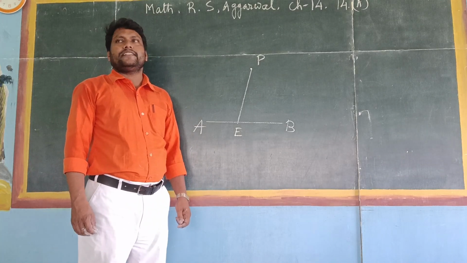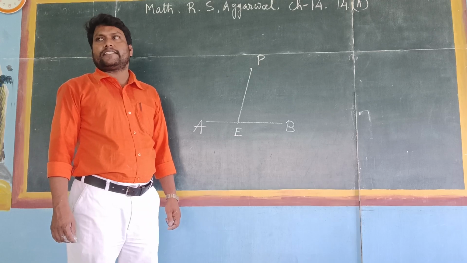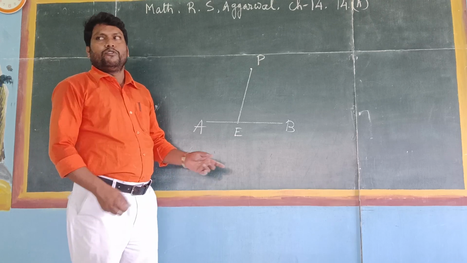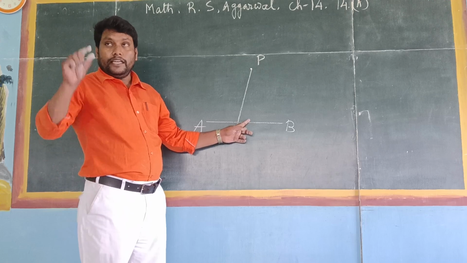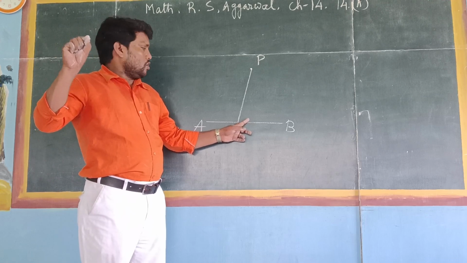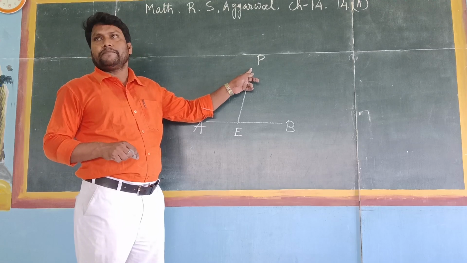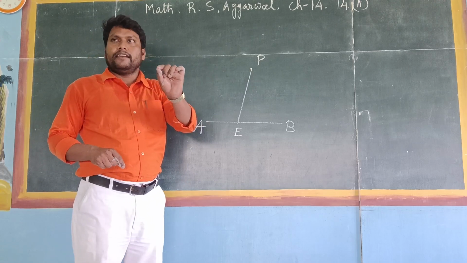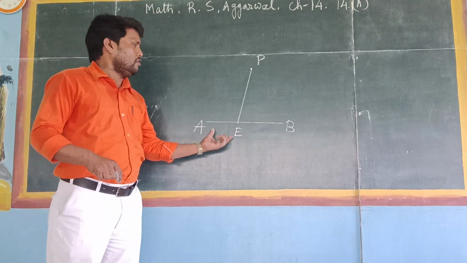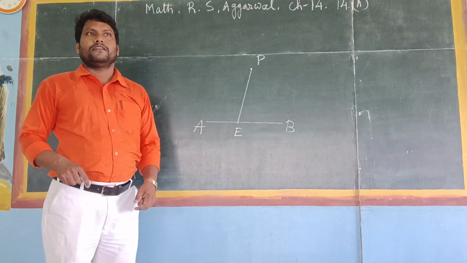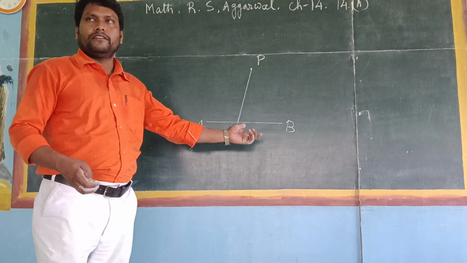Next, second step. You look very carefully. There is an angle. If you construct the angle from the point P, then automatically a line will appear. That will be parallel to AB.